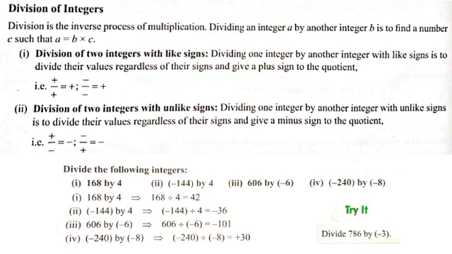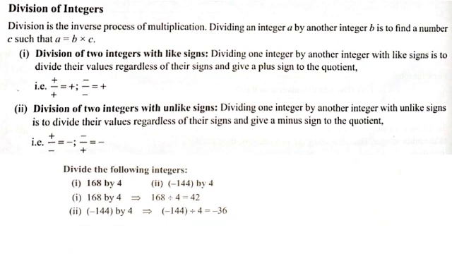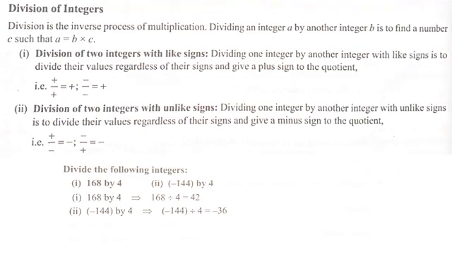So the answer is going to be positive 42. Let us have another example, like minus 144 by 4. Here the answer is going to be 36 regardless of the sign. And if we divide the signs, minus by plus is going to be minus.